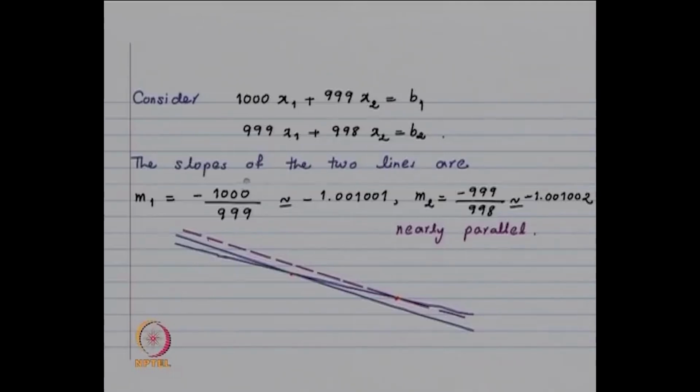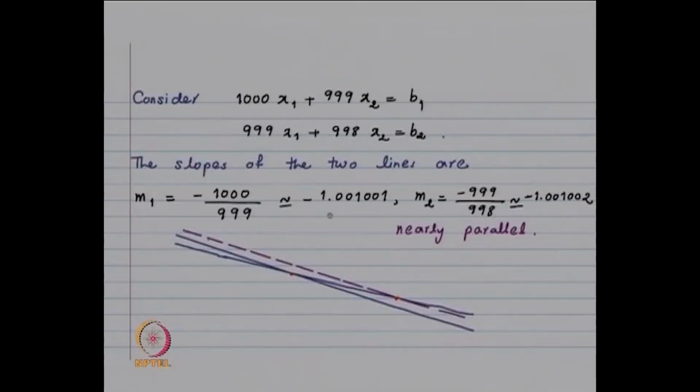Now, the slope of the first straight line is minus 1000 divided by 999, and the slope of the second is minus 999 divided by 998.